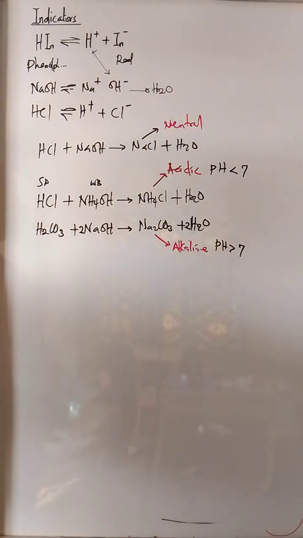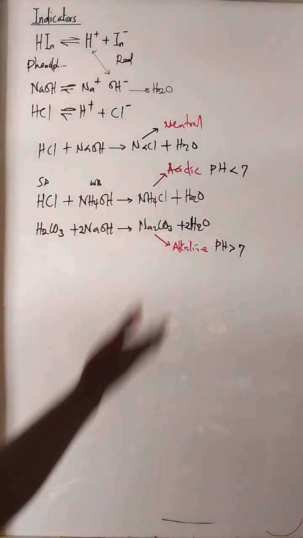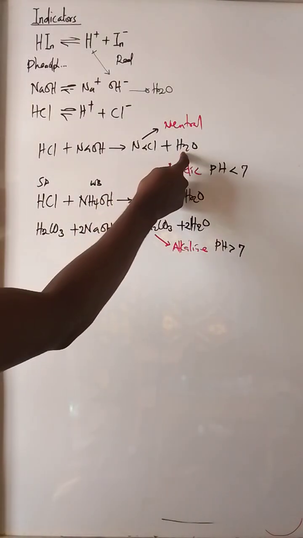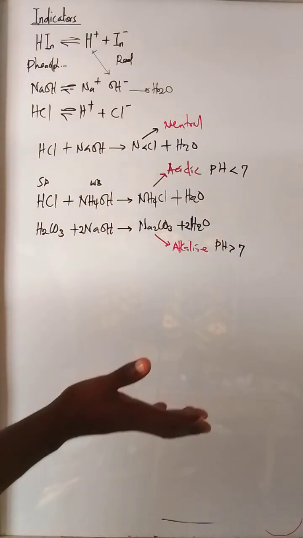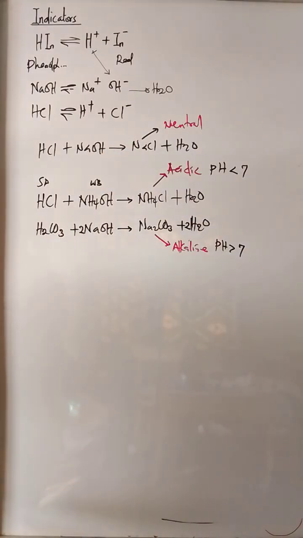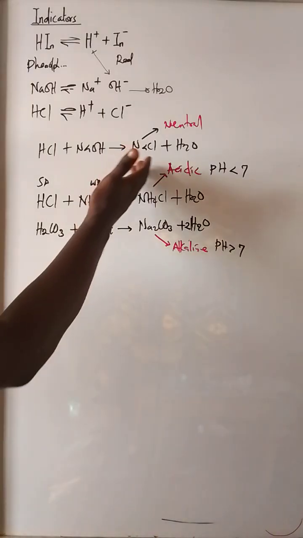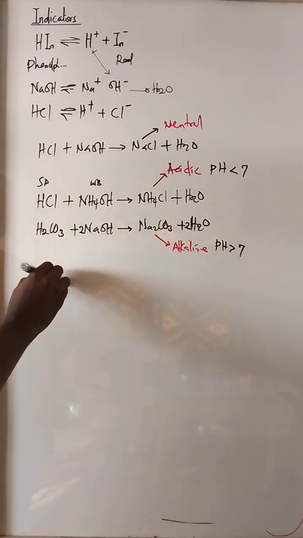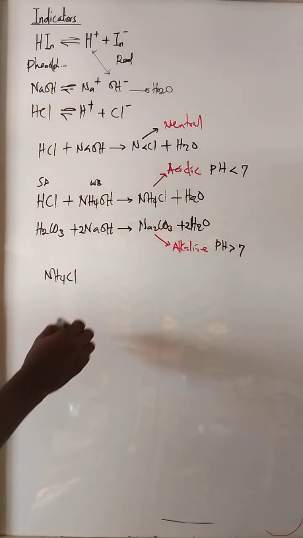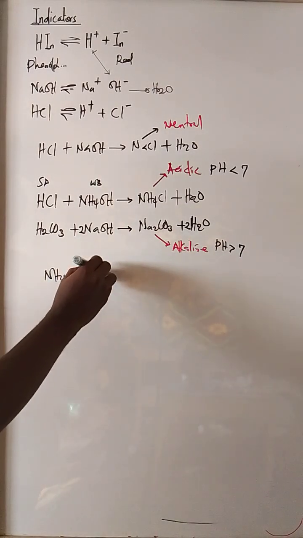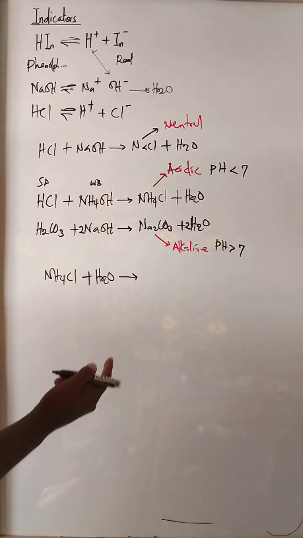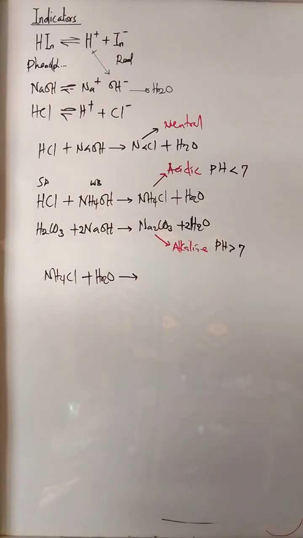So among the normal salts, some of them can be acidic in nature, some can be basic in nature, depending on what. If we add water to sodium chloride, the sodium chloride will only be hydrated; it's not going to reverse. But if you have weak salts like ammonium chloride, an acidic salt, and we add water to it, what happens? It will be like a reverse of neutralization.